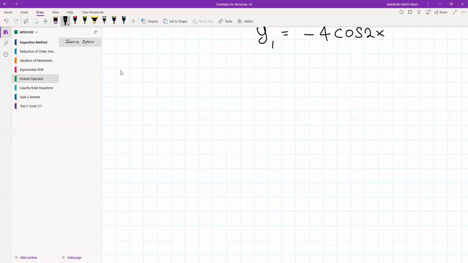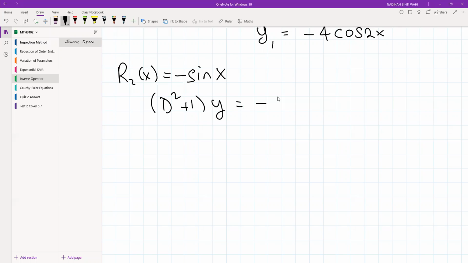Okay, so yang kedua, R2x. So this is equals to sine of x. Oh, sorry, minus sine of x. Okay, kalau buat balik, d squared plus 1 of y equals to minus sine x.